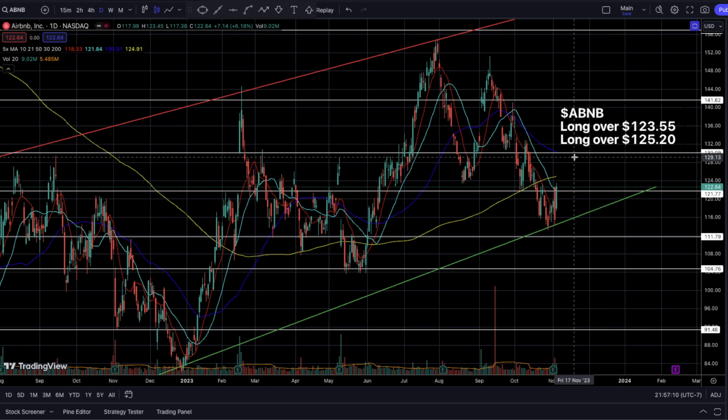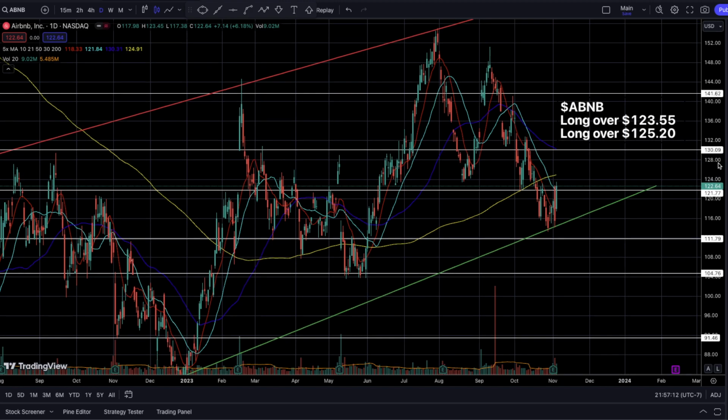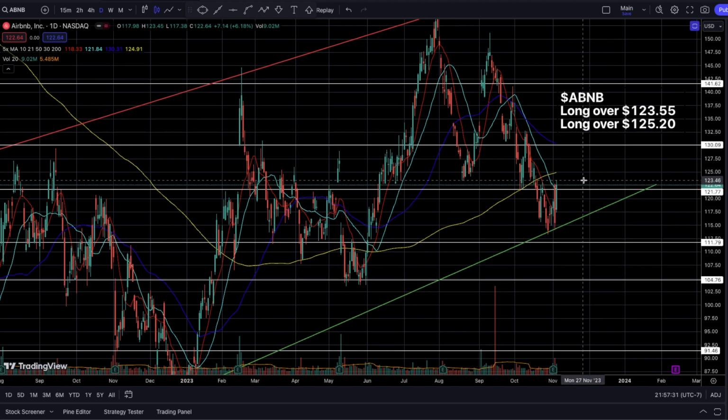All right, so you can literally play if the market decides to open up Airbnb around Friday's close, and we get that nice push upward, and we get that entry point at 123.55. You guys can get a nice scalp to the retest of the daily 200 SMA. And judging from Friday's action, it looks like we really want to retest and backtest this daily 200 SMA.